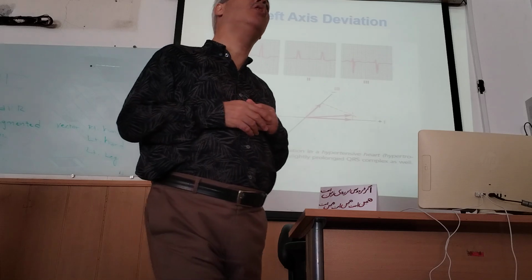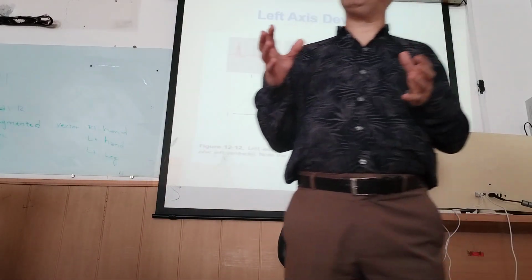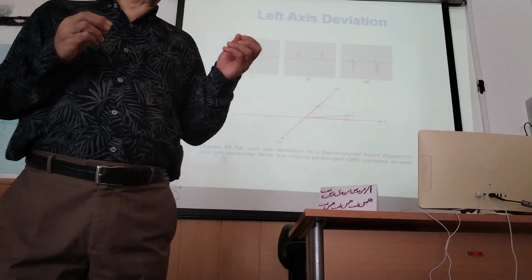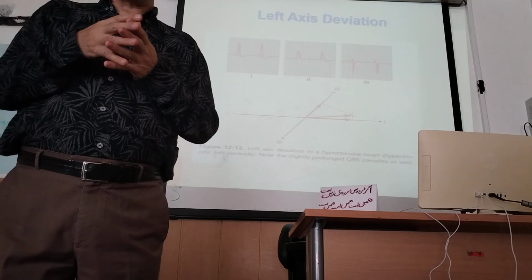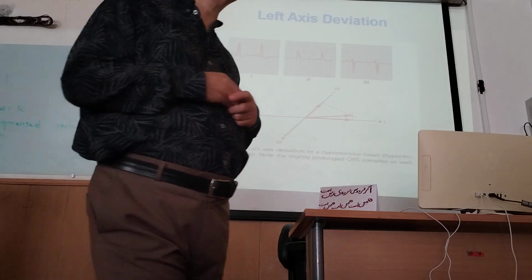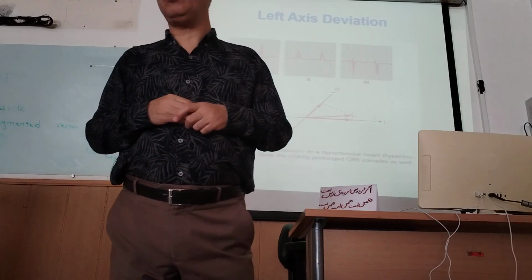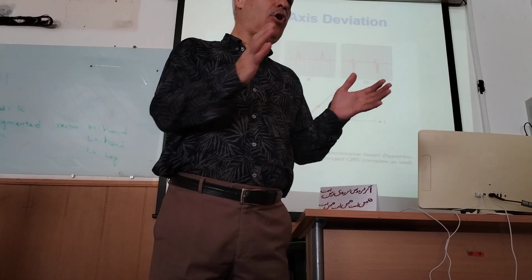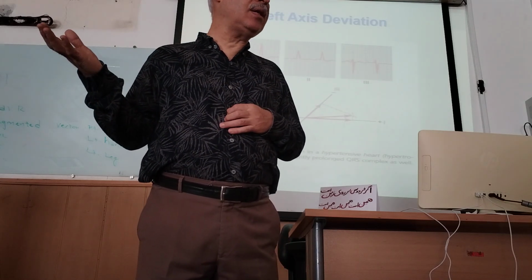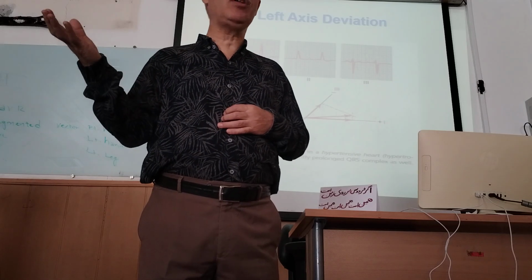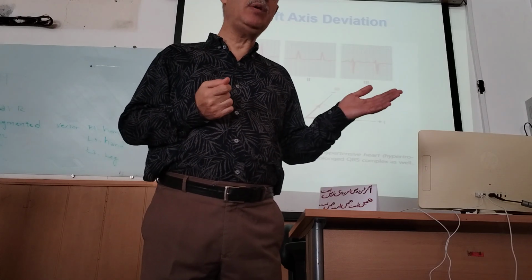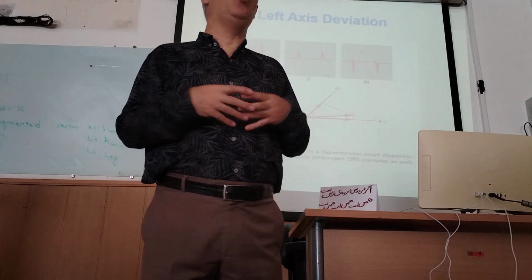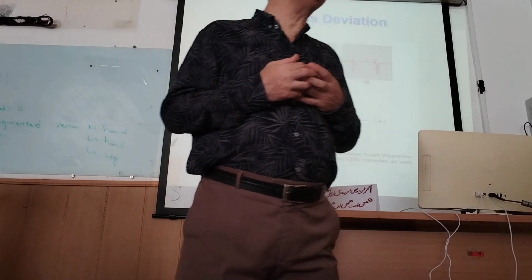So if you have a large muscular mass in the right ventricle, when depolarization starts in both ventricles, which part should be depolarized first? Right part or left? Left. Because in comparison to the hypertrophied ventricle, here in this case the right ventricle, the left part should be depolarized first. When somewhere in the heart is depolarized, what electrical signs does it have?